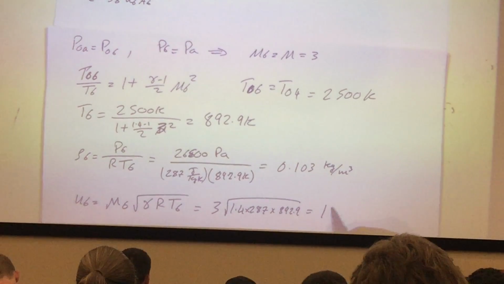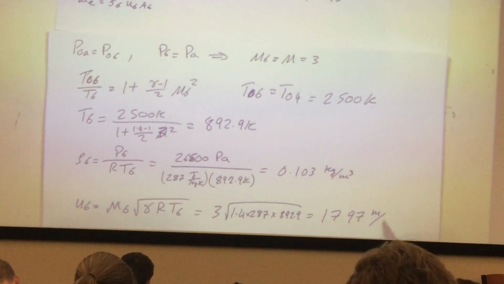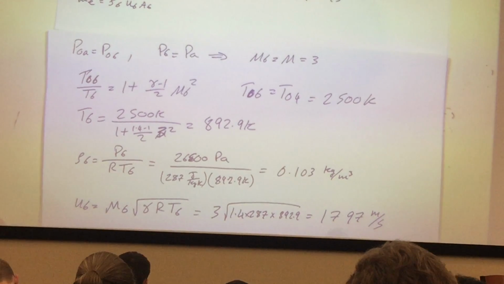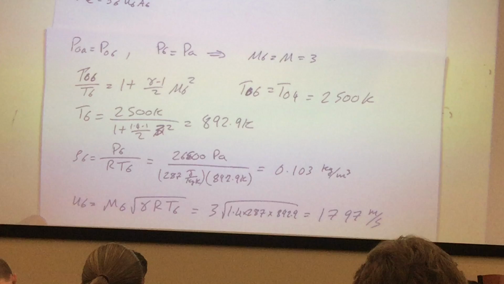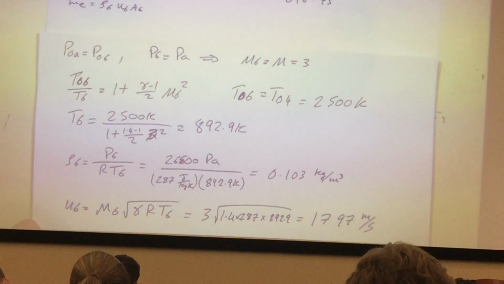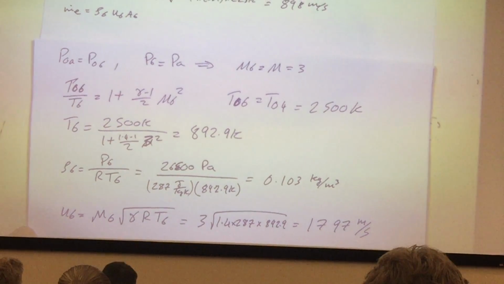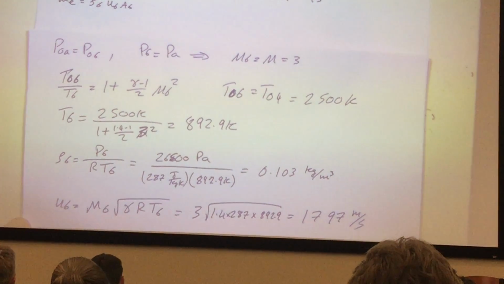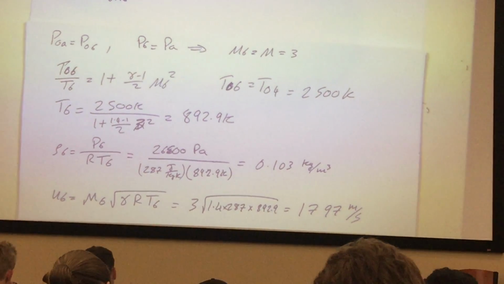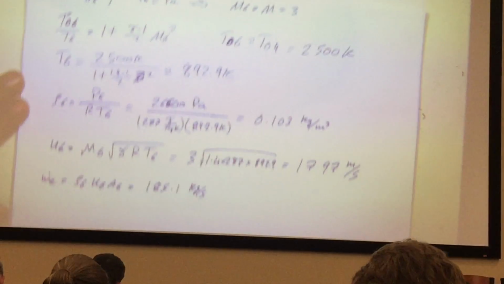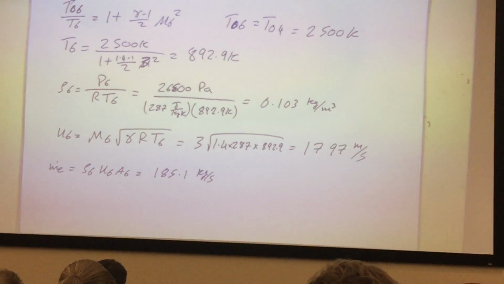And what I get from that is 1,797 meters per second. So now that I know my velocity, I can get my mass flow through my engine. My mass flow through the engine is equal to rho 6 multiplied by U6 multiplied by area 6, and that's going to equal 185.1 kilograms per second. That's a substantial amount of flow that I'm putting through my engine.